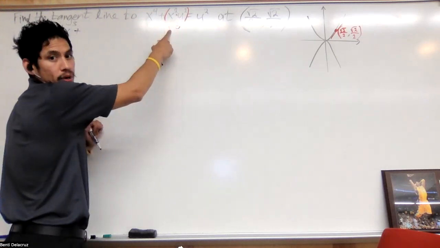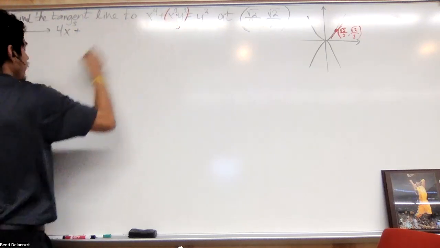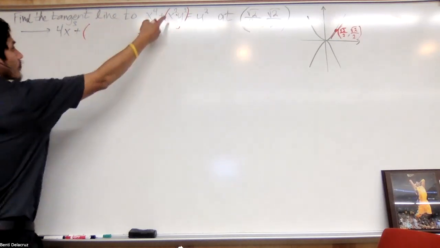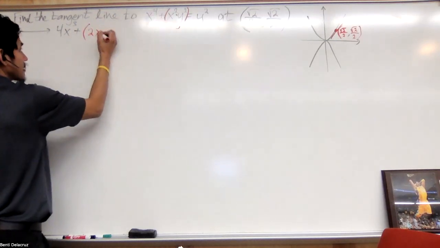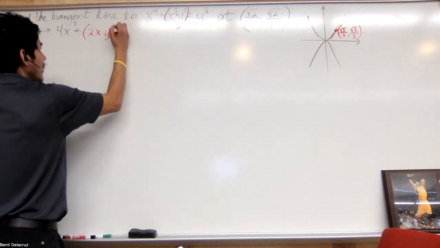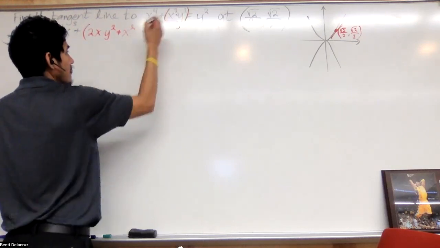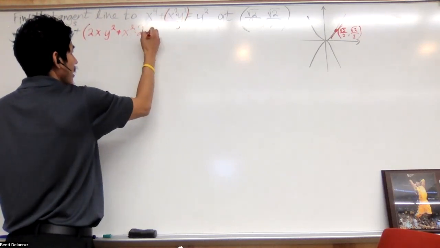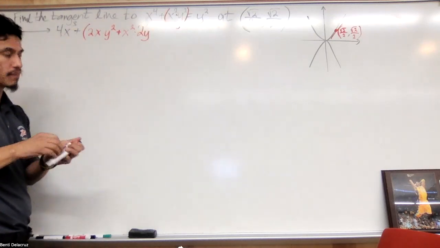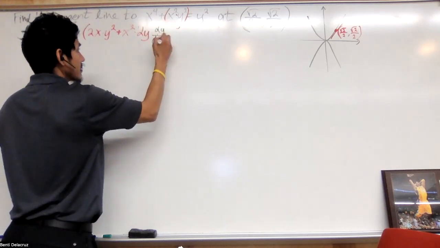Remembering product rule, we take the derivative of f first, so it'll be plus the derivative of x squared, which is 2x, multiplied by y squared, plus f, so plus x squared, times the derivative of y squared, times 2y. But now since we differentiated a y term, we're going to multiply this by dy/dx.